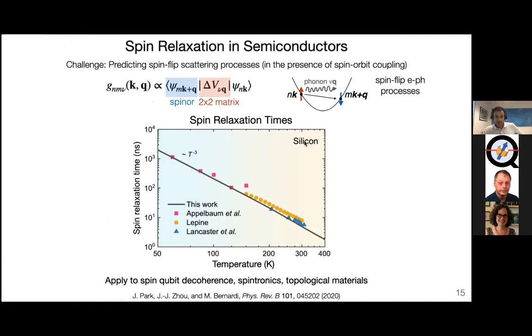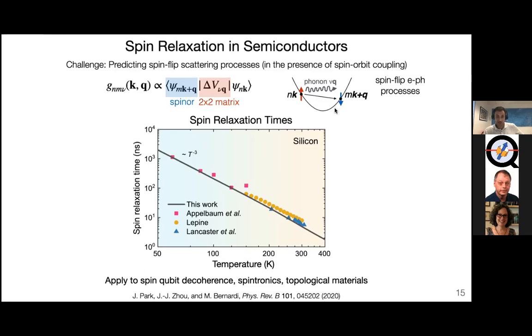So the idea is that in a simple centrosymmetric semiconductor like silicon, where the bands are twofold degenerate, in the presence of spin-orbit coupling, the main mechanism, for example, if you inject spin-up electrons in the material, for the spin to decohere and flip, is actually these spin-flip processes mediated by phonons, which are possible only due to the spin-orbit coupling. This is the so-called Elliott-Yafet mechanism.